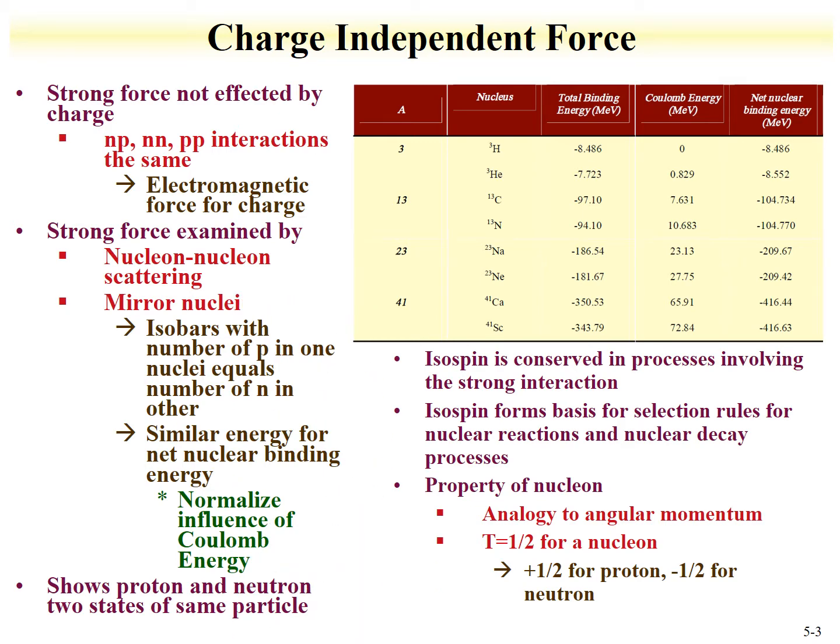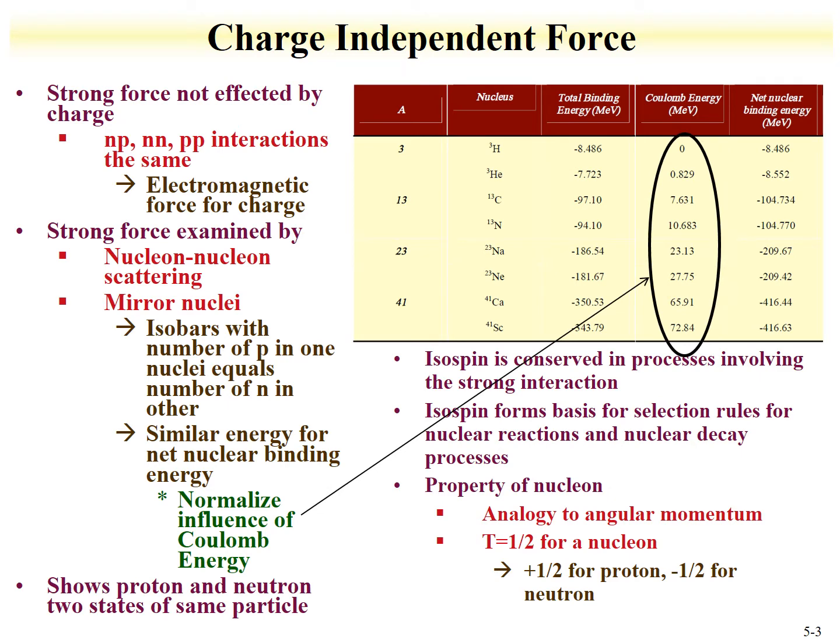So what one could do with this is evaluate energetics, particularly looking at binding energy, and then compensating for the Coulomb energy, to try to evaluate a net nuclear binding energy for different nuclei with the same number of total nucleons. And this is shown here.